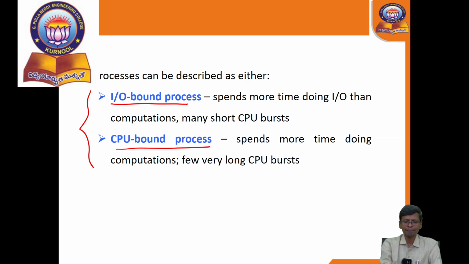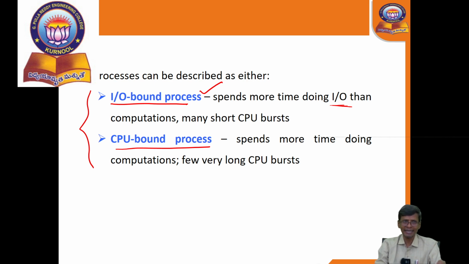IO bound is nothing but a process that spends more time performing IO operations. When a process spends most of its time doing IO operations, the process is said to be an IO bound process. It means it is mainly bound to perform IO operations.